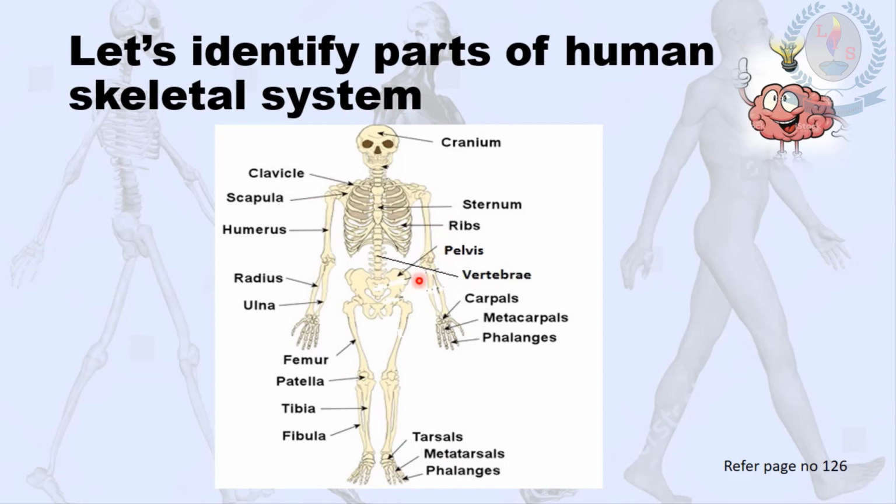So this is the basic structure of the human skeleton system, and these are the major parts. We can identify further tinier parts, but it is not important for your level.